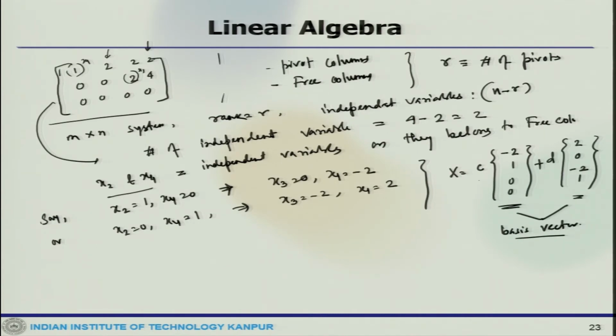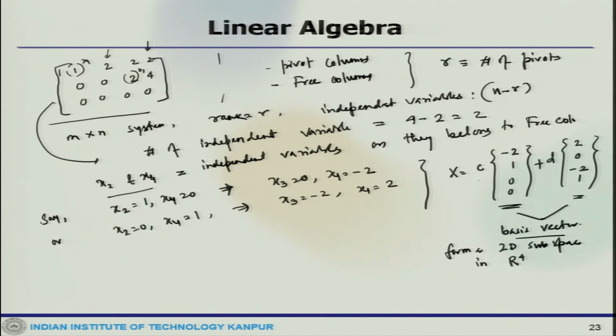So, they form a 2D subspace in R4, or 4 dimensional vector space.